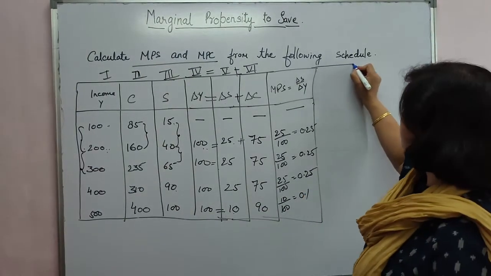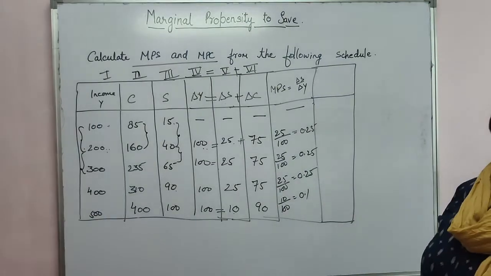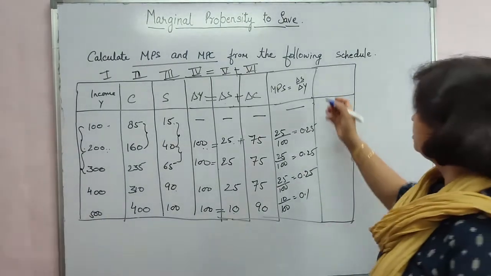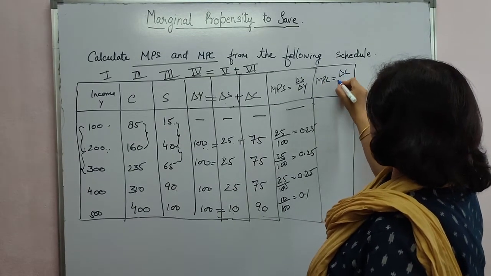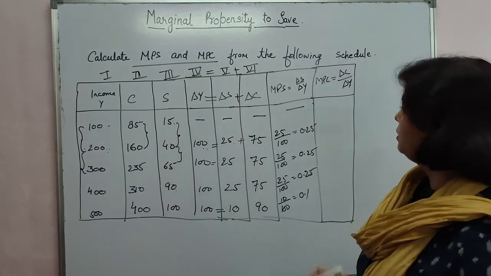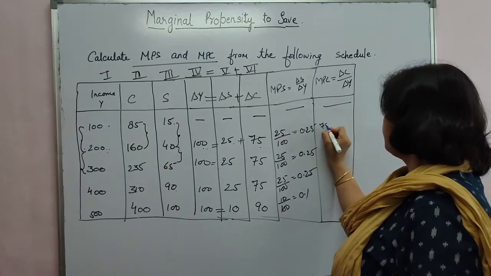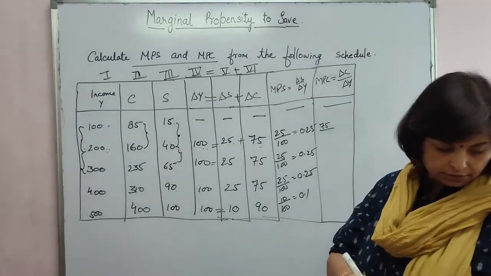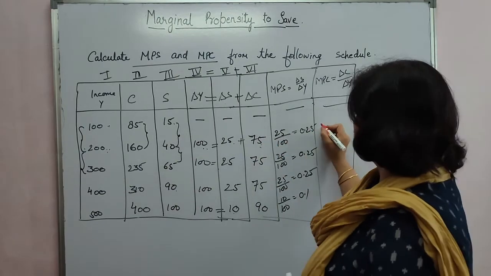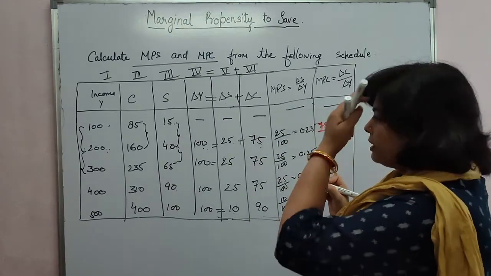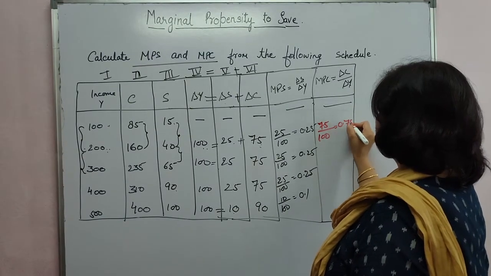We will also calculate the value of MPC and check if the sum of both the values is 1 or not. So MPC is equal to delta C upon delta Y. Now the value of delta C is equal to 75 and delta Y is equal to 100, so it is 0.75.